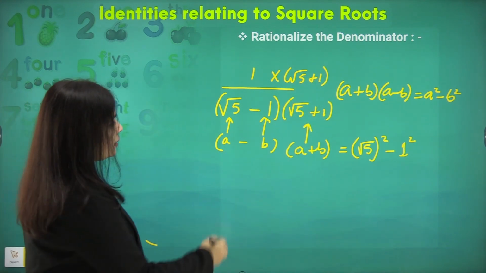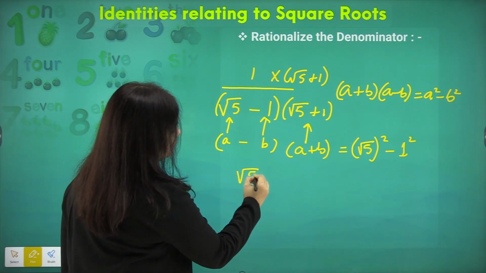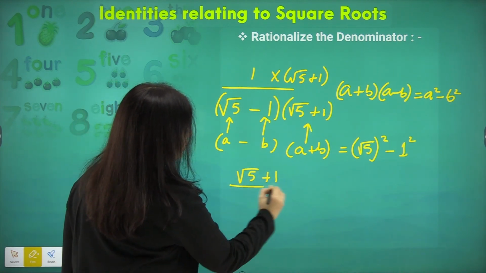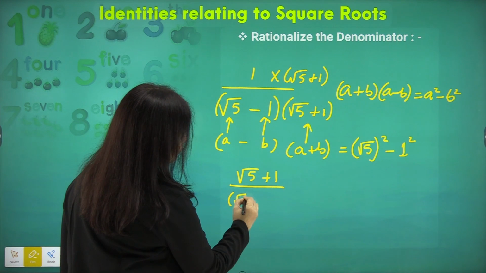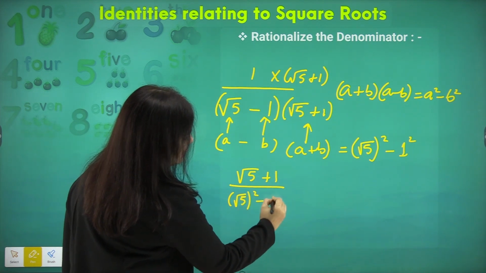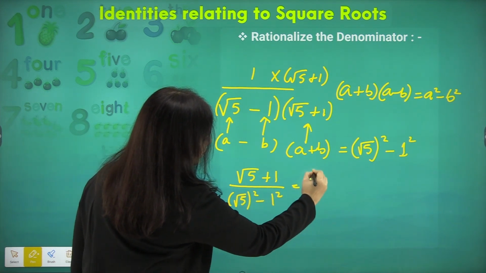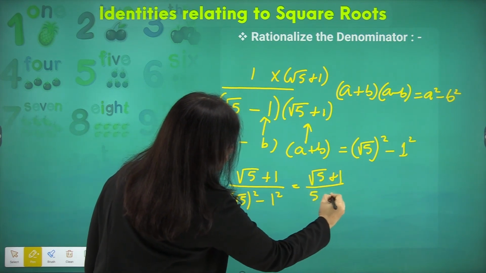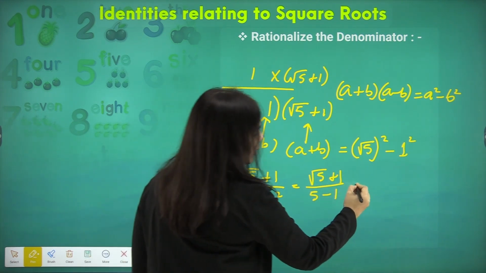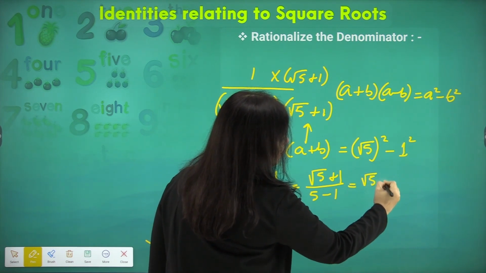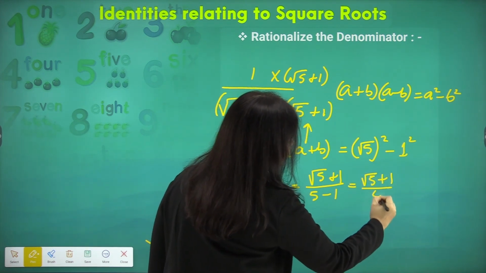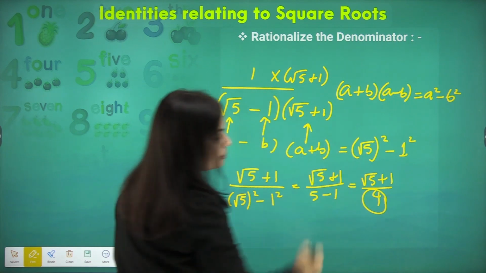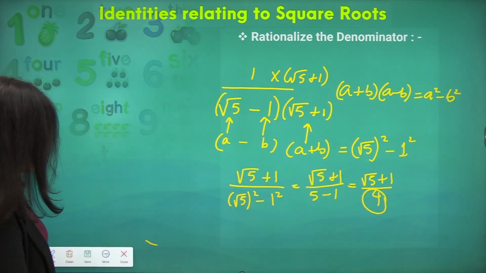So, what do I get? I get root 5 plus 1 upon root 5 square minus 1 square. So, I get root 5 plus 1 upon 5 minus 1. So, I get root 5 plus 1 upon 4, and hence my denominator has been rationalized.